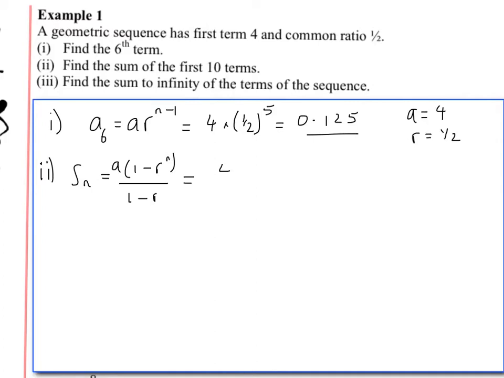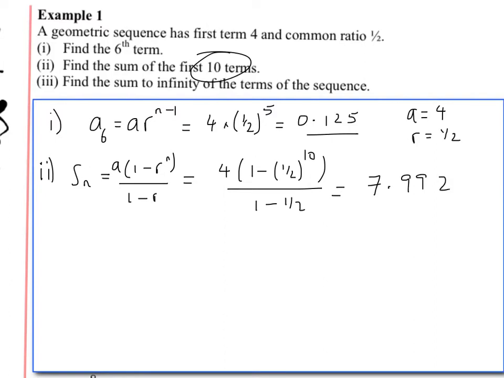Now we've got 4 as our first term, 1 minus a half to the power of 6, and oops, my mistake, it actually says the first 10 terms, so I should put down a 10 over here, because we want the sum of the first 10 terms, divided by 1 - a half, and if you work that out you should get 7.992.